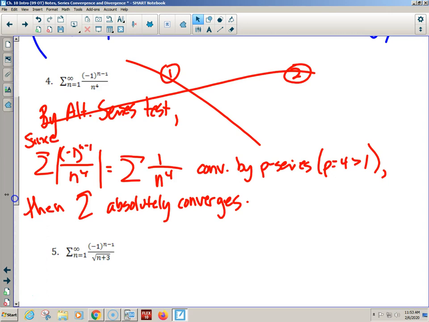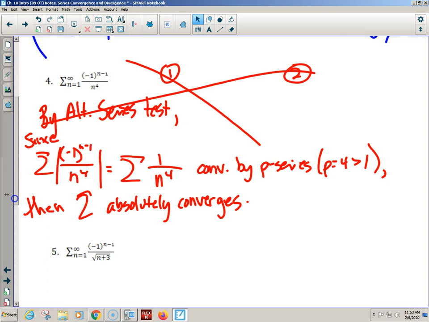And similarly, the nth term test. If the absolute value converges, if I can see it quick, awesome. Hey, I'm done. It's absolutely convergent. It converges either way, conditional or absolute. The alternating series is convergent, but how it's convergent is different.